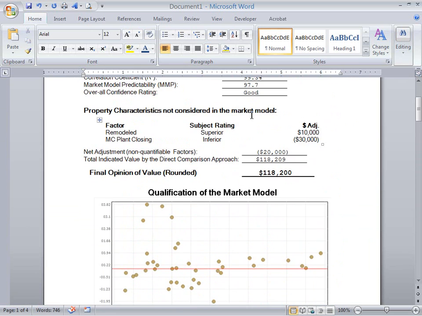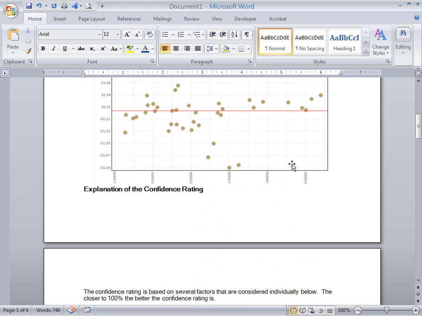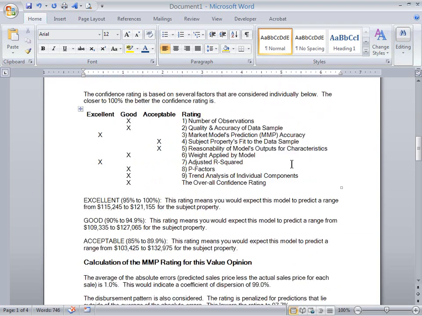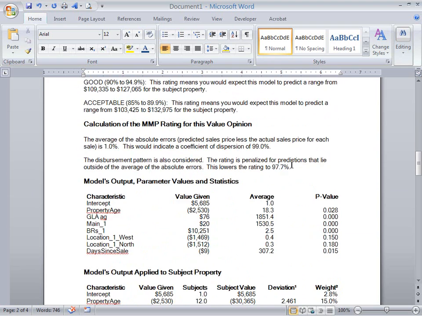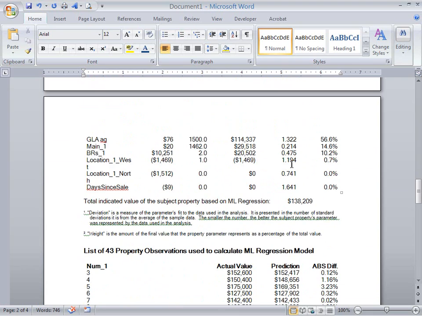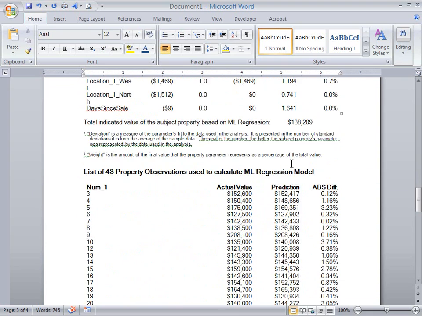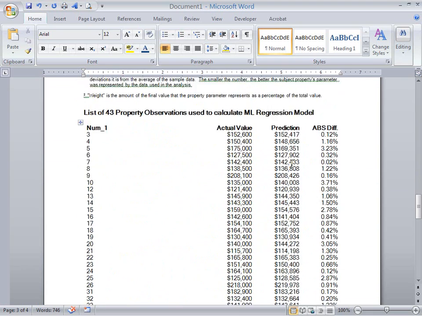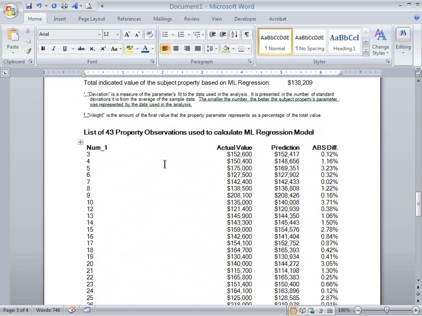You can see we've added our 10,000 for remodeling and our 30,000 in. You could actually put some addenda with this and make this a complete standalone appraisal for low-end work like preliminary values or evaluations for federally regulated banks to compete with broker price opinions.